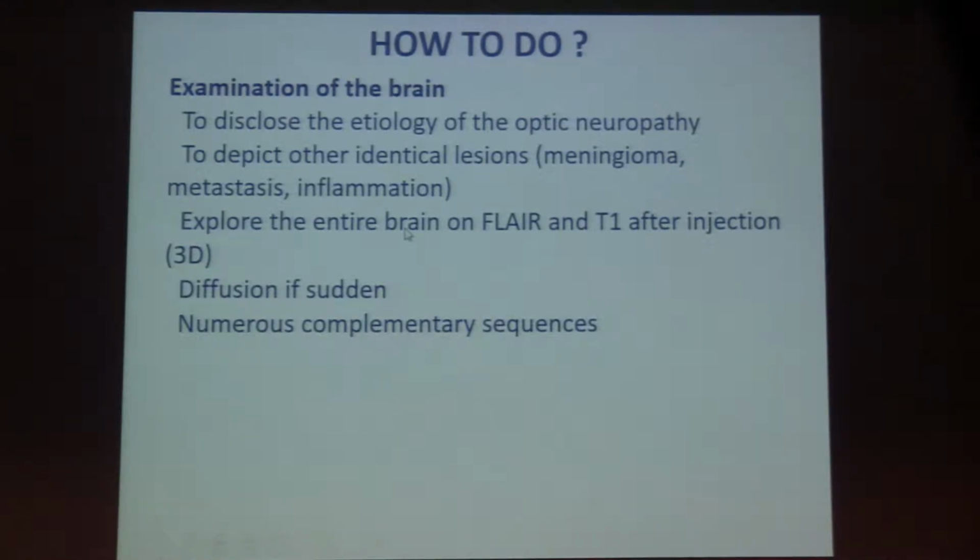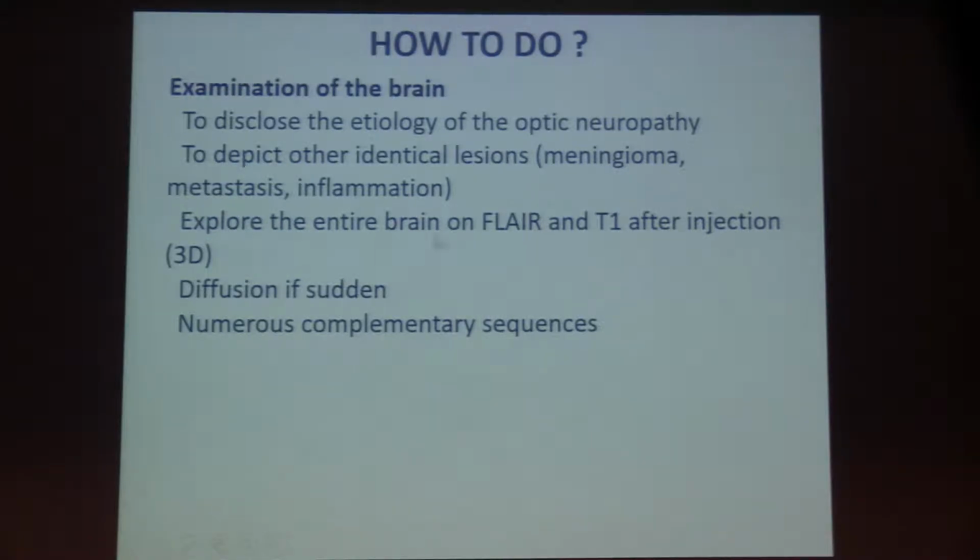And of course, as the optic nerve is part of the brain, you have to examine the complete brain to disclose the etiology of the optic neuropathy, and we'll see that a lot of neuropathies are due to MS. You also look for other lesions that give clues to the diagnosis, such as meningioma, for example, or other lesions that make you think that there is metastasis.